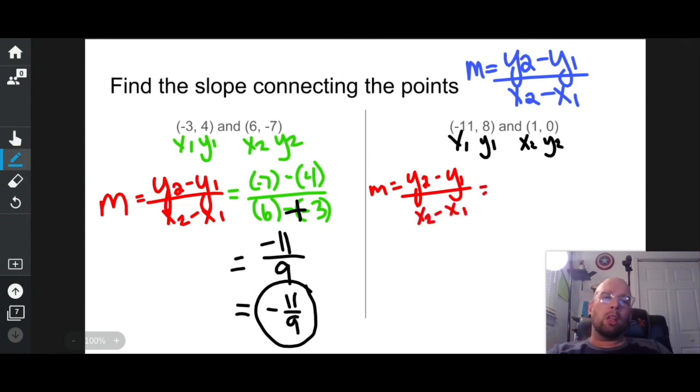And that's going to equal, I called y sub 2 0 there. Always the minus in the middle. I called y sub 1 8. Over, I called x sub 2 1. Always the minus in the middle. And I called x sub 1 negative 11.